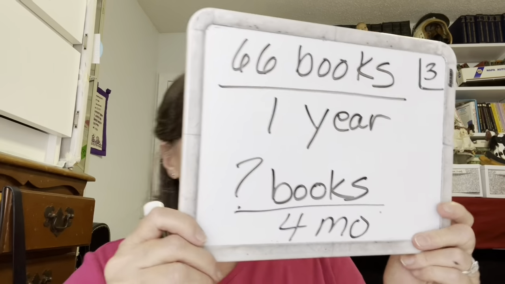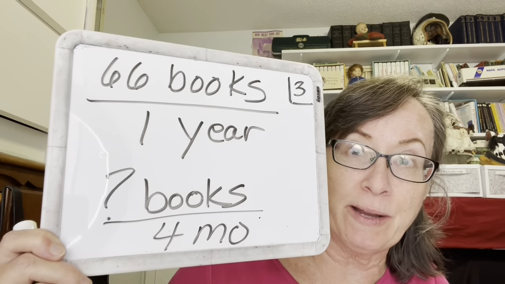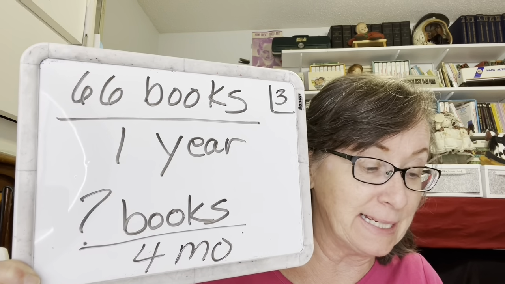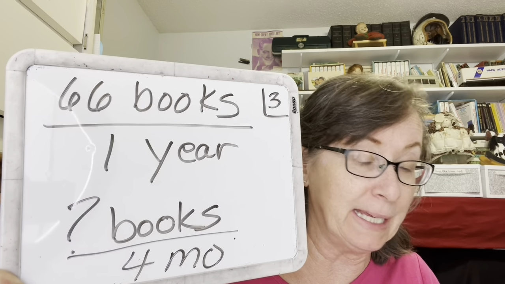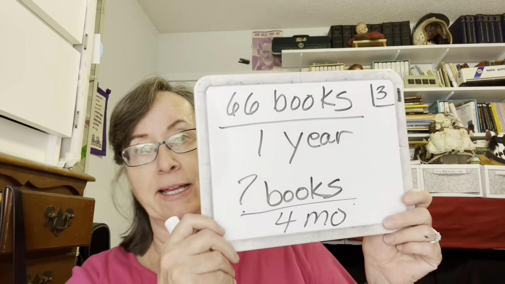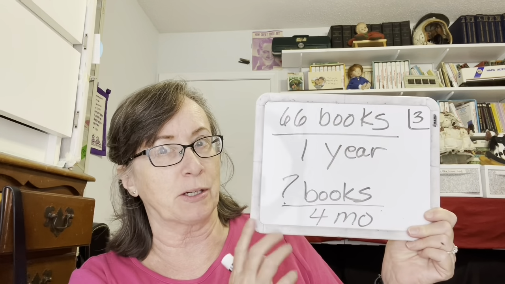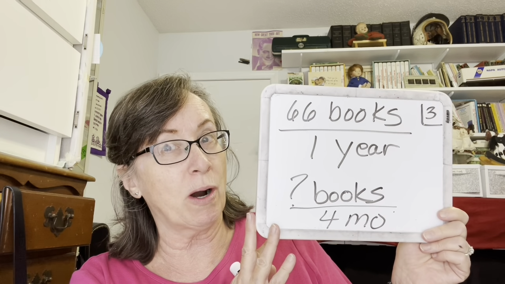Okay, so number 3 says, John read 66 books in 1 year. At this rate, how many could he read in 4 months? So he's going to continue at the same rate, 66 books in a year. But remember, 4 months is 1/3 of a year.